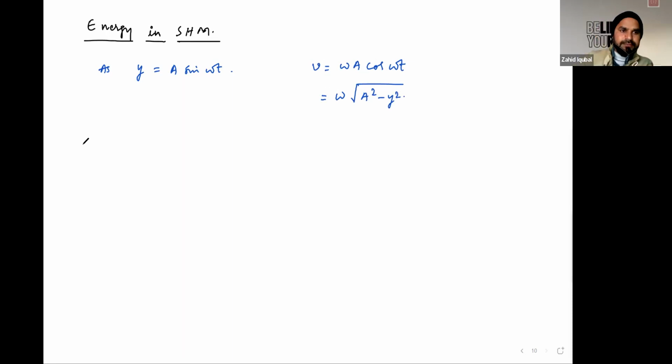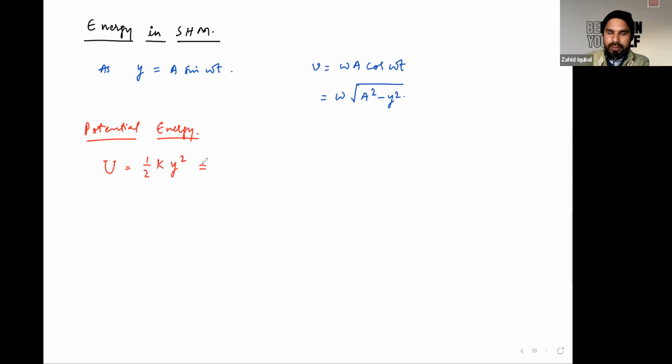So first, potential energy. In work, energy, and power, I defined potential energy stored in a spring. Similarly, in this part, potential energy will be half k y squared.